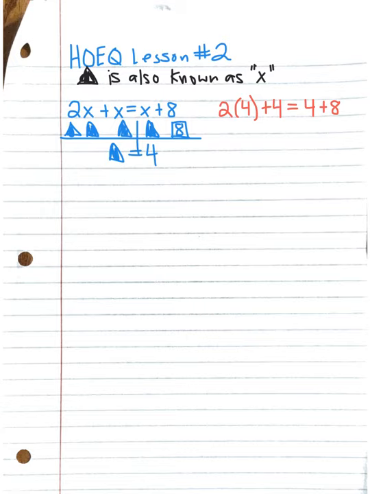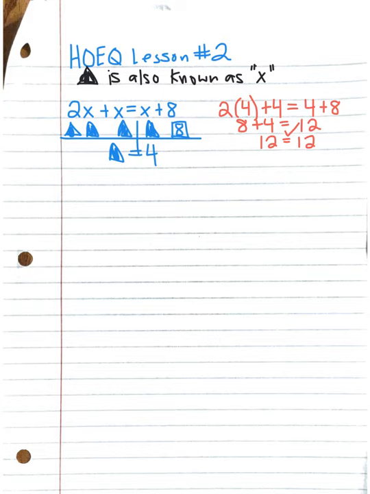Order of operations, I have to do my multiplication first. So this becomes 8 plus 4, and then 4 plus 8 is 12. So here we have 12 equals 12. So it checks. Now we know that that pawn was equal to 4.